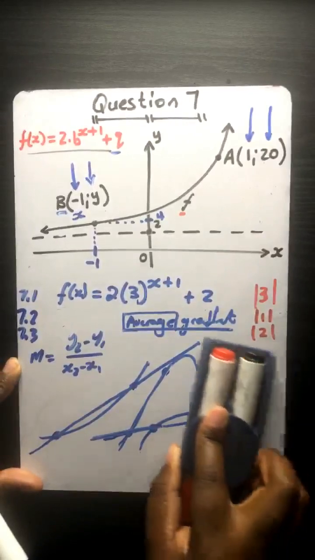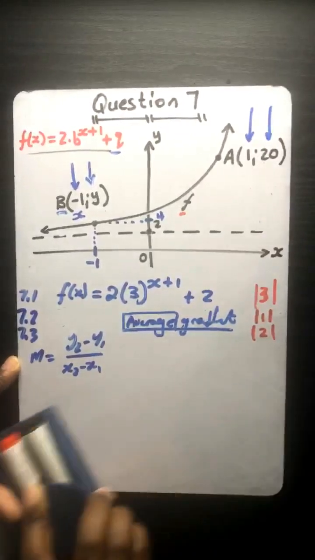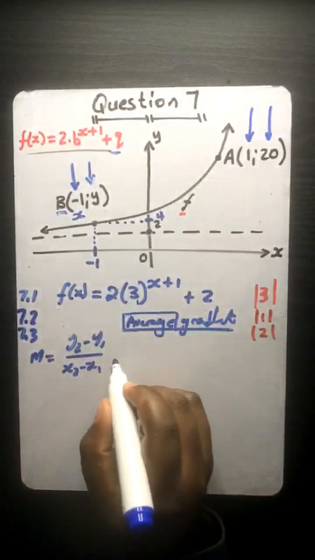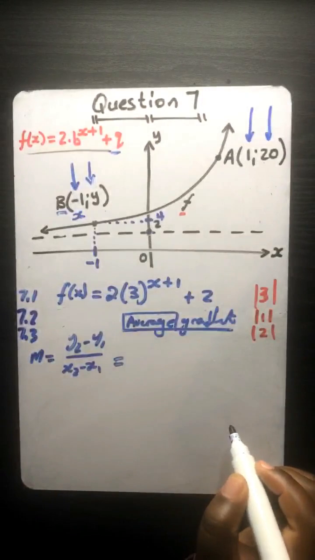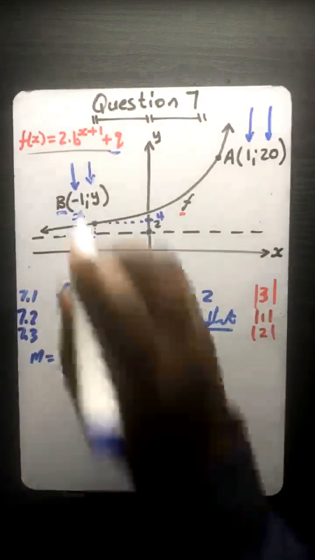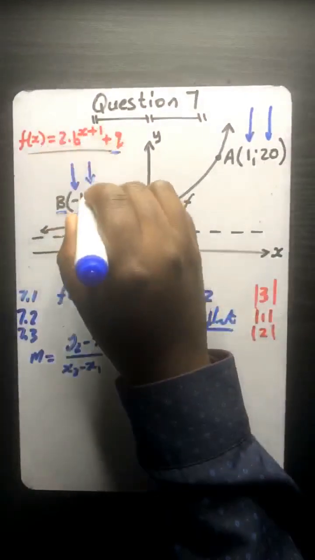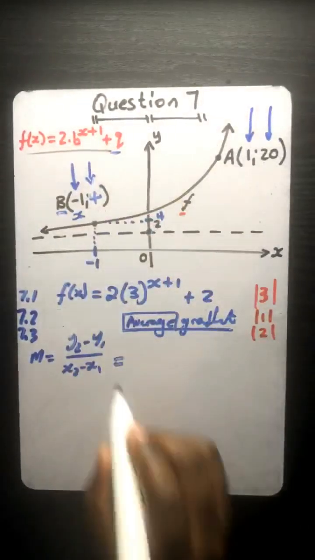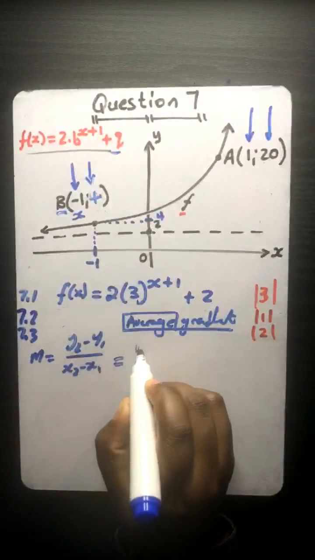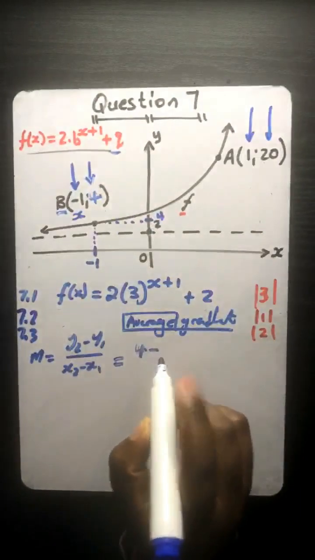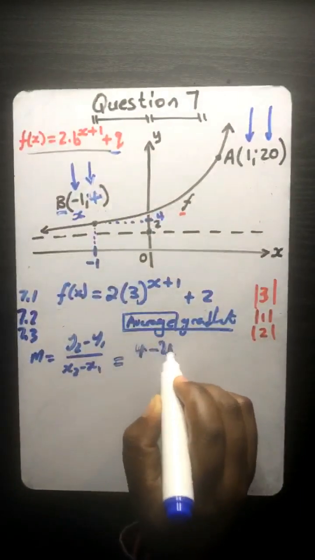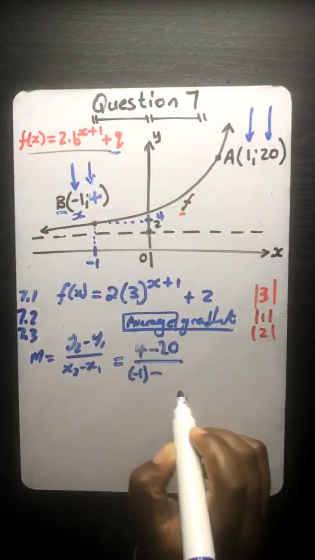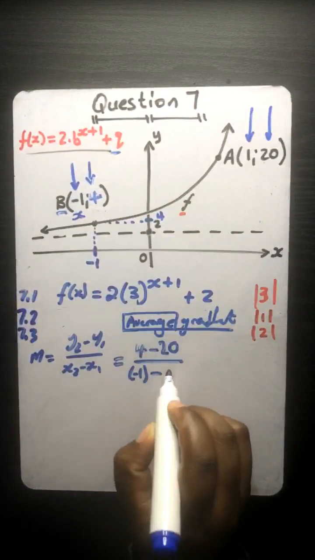But always remember that if it's between 2 points, you need to use that formula that you know. We now know what that value is, and you said it is 4. So now we can say y2 being 4 minus y1 being 20, over -1 inside the brackets minus 1.